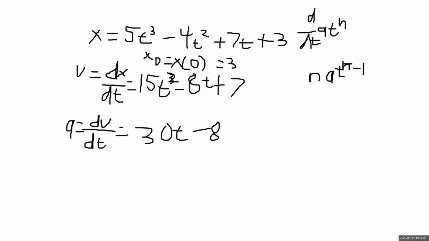And v naught, again, we put 0 in for t. 15 times 0 squared is 0, minus 8 times 0 is 0, and v naught is 7. Okay? Doesn't matter what the units are. The units are arbitrary. We can call x displacement meters, v is meters per second, and a is meters per second squared. Now here we have a is 30t minus 8.